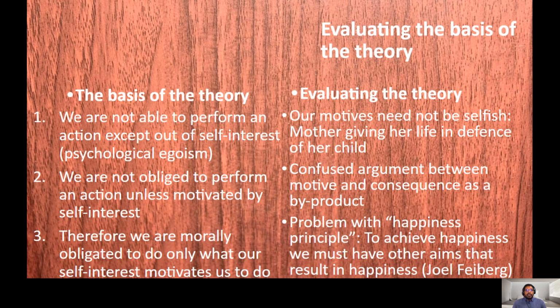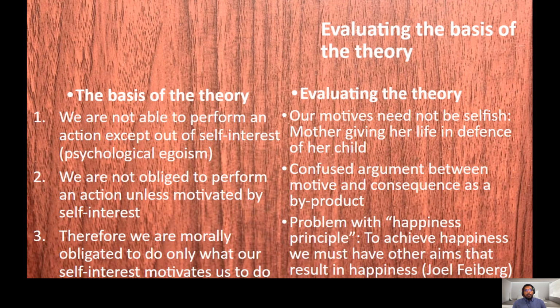So ethical egoism seems to be mixing up her motive with the consequence. The mother does not have the motive of getting happiness in taking care of her baby by spending sleepless nights. Rather, it is a byproduct. It is a consequence.